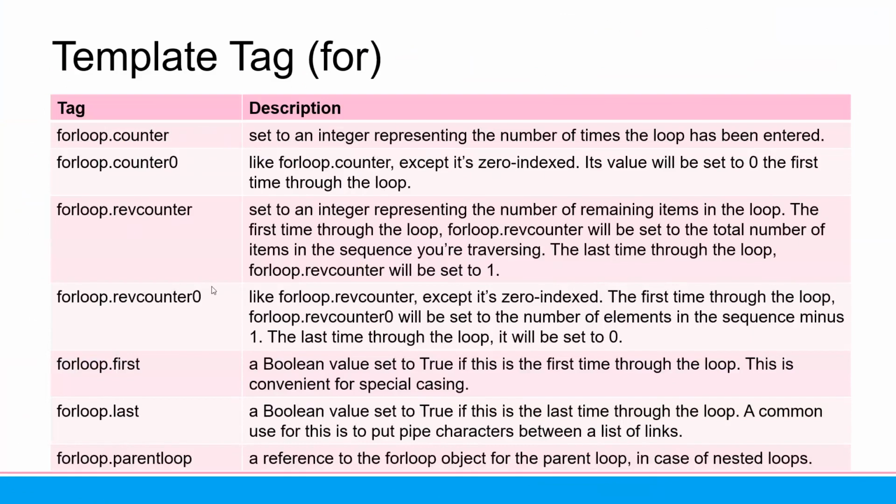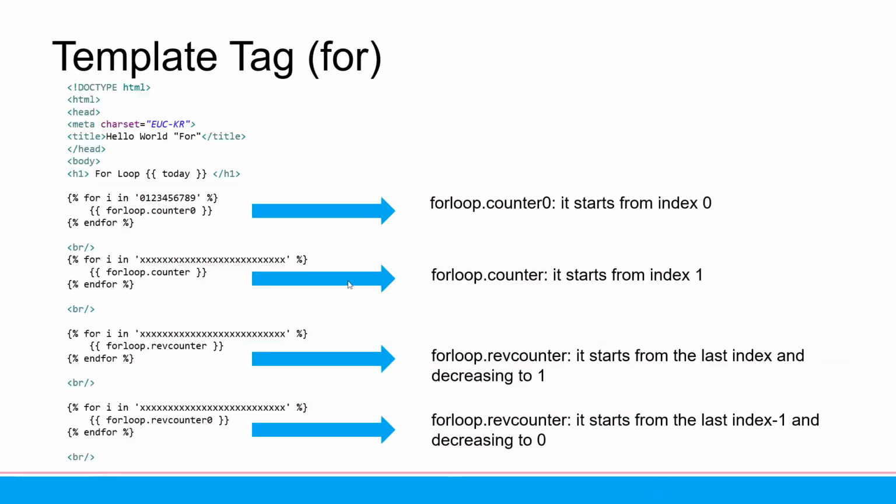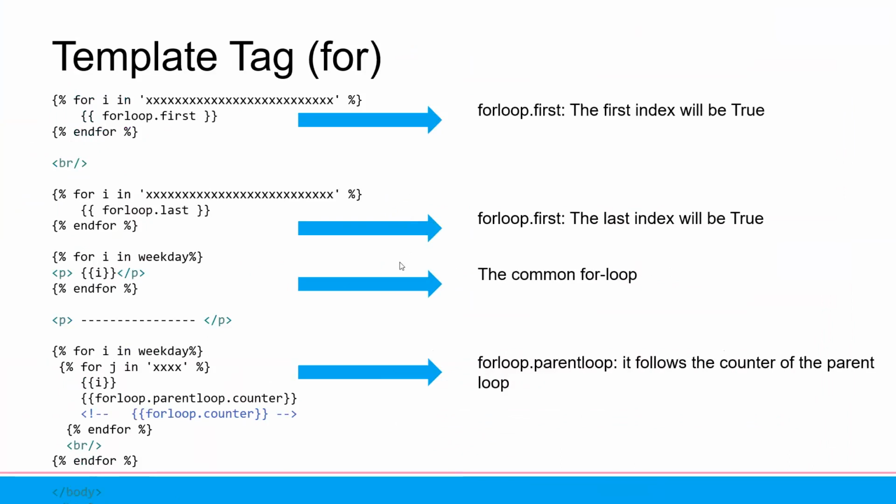The ref counter 0 also means the reverse, going to 0 index. The first and the last: we start from the first of the array, or we check whether it is the last of the array. So the parent loop will be the for loop from the parent loop. Okay, so this one is the explanation.